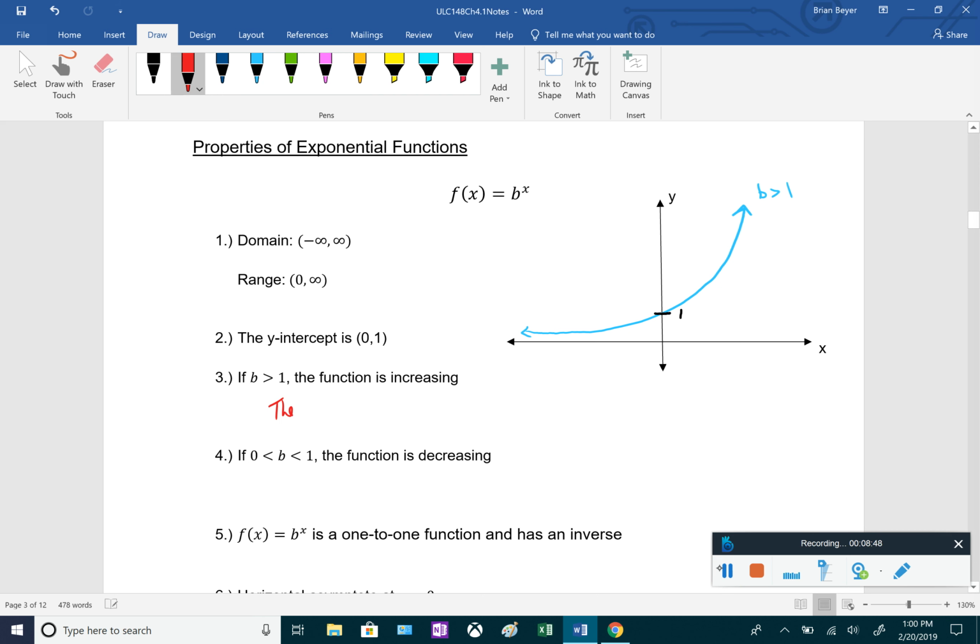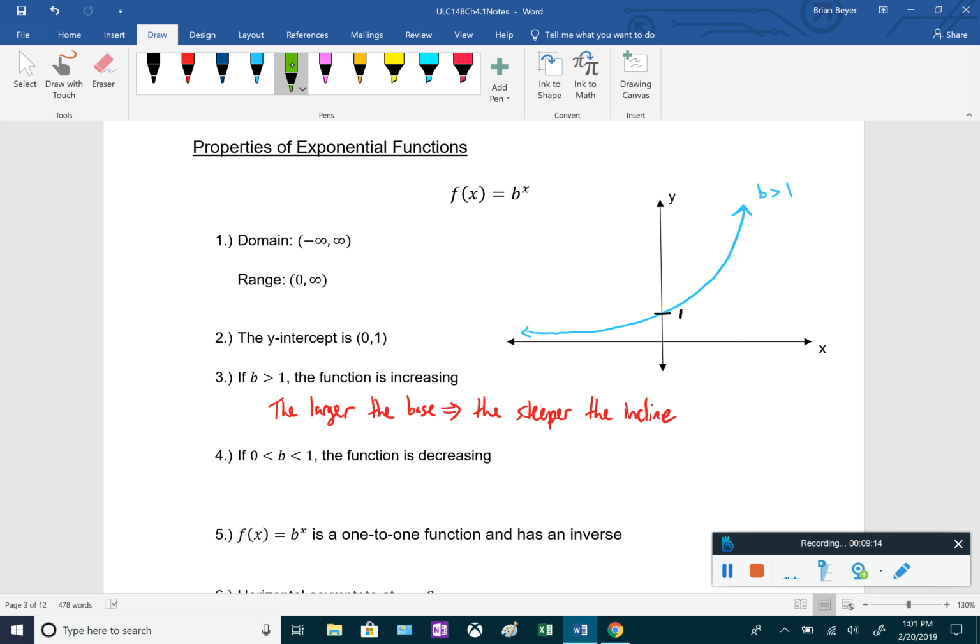The larger the base, the steeper the incline, so it's increasing faster.